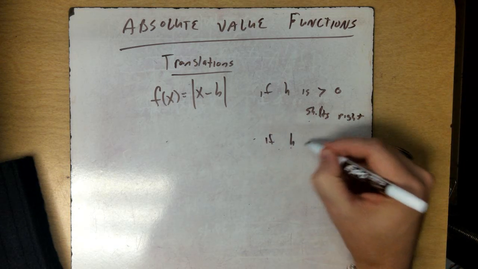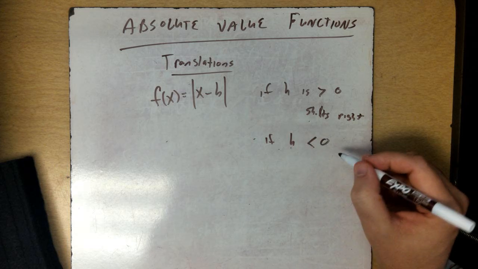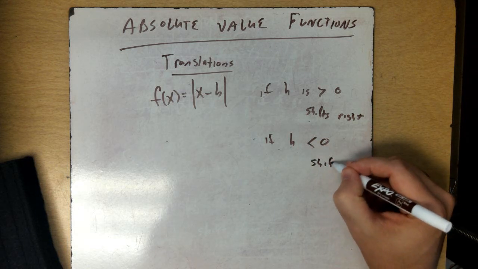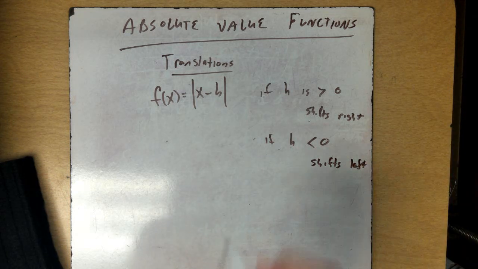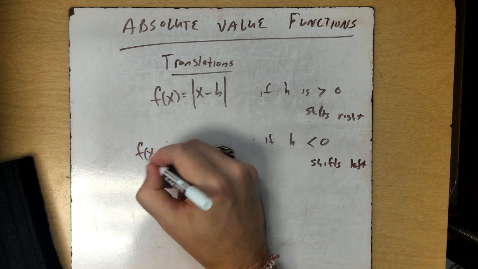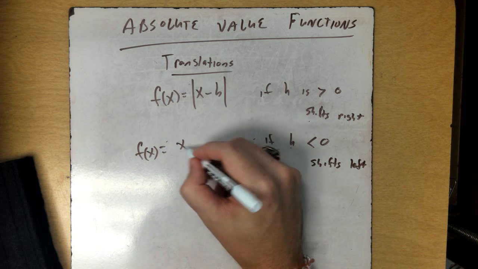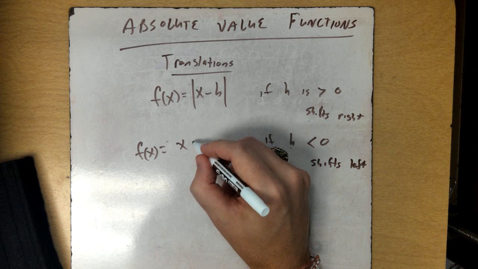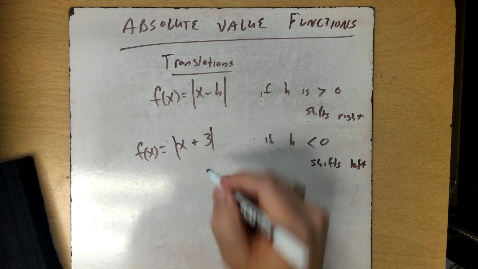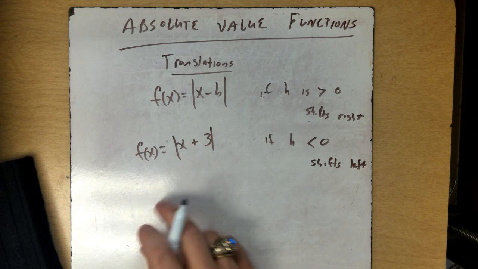And if h is less than 0, it shifts left. Right. So once again, this is the minus in the middle, right? So if you have something like this, we have x. If you have x plus 3, and it's like that, then it's this number.